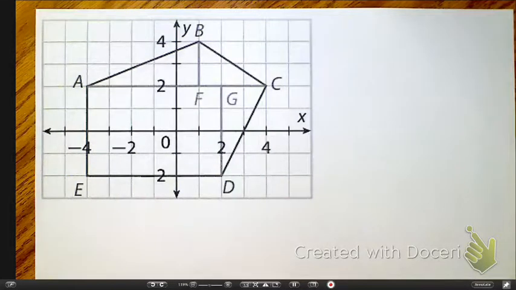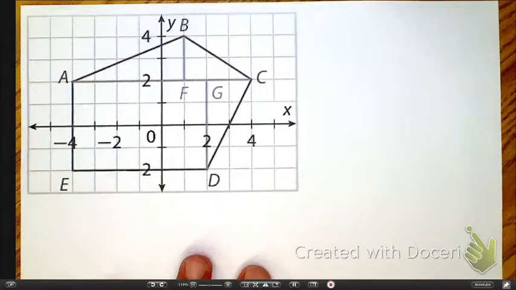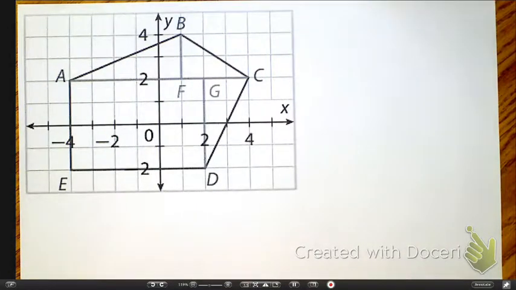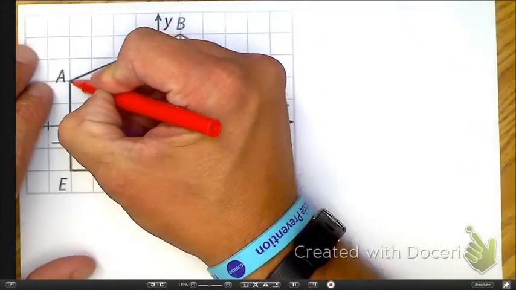It's a weird looking shape. I don't know a lot about it right now, but I've already broken this one up for you a little bit. If we were to divide this shape, we can cut it into smaller shapes, smaller polygons that we already know how to find area of. I can divide it right along this segment that connects AC.